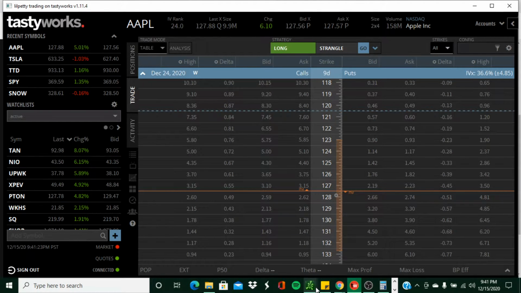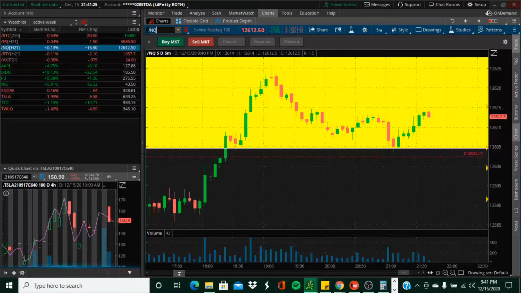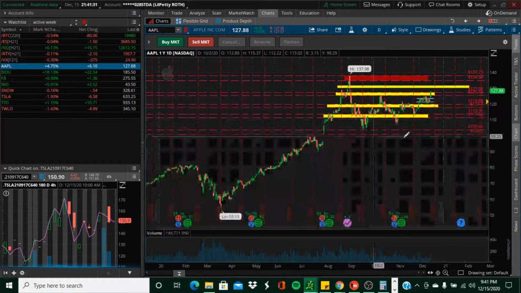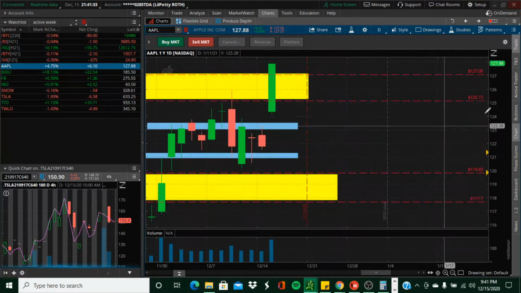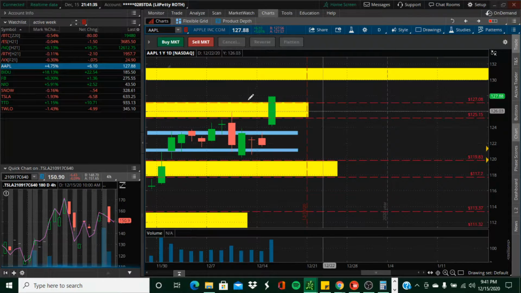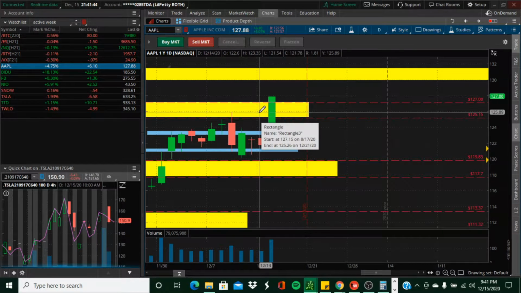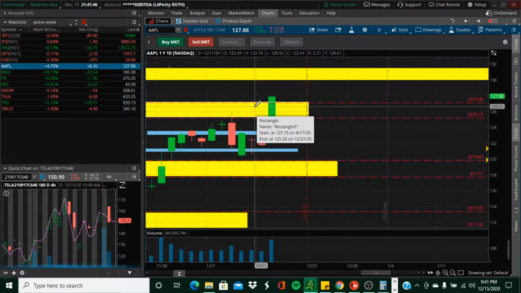So for instance, let me pull up Apple. There's a bunch of ways you can do a debit spread. You can do a call debit spread, and setting up a call debit spread is a bullish play. So if you're bullish on Apple stock and you wanted to do a debit spread, you can do it that way.